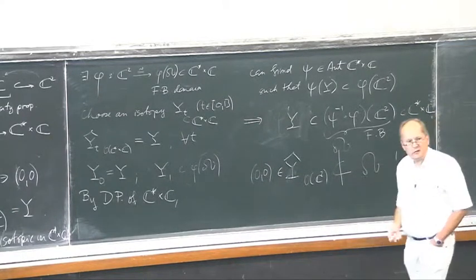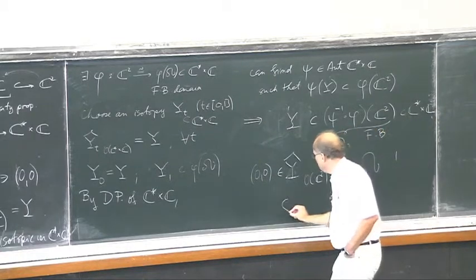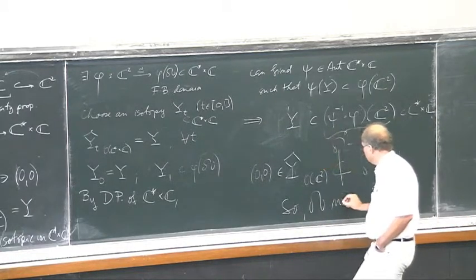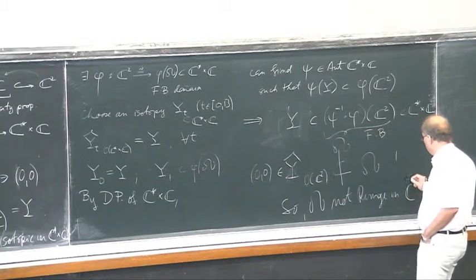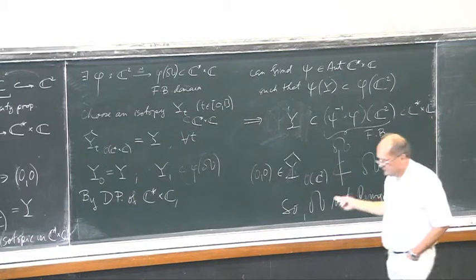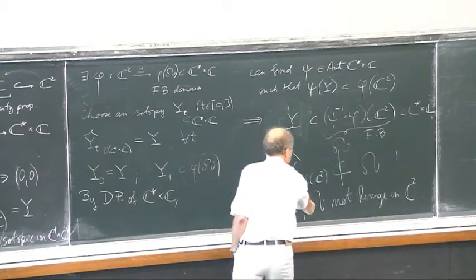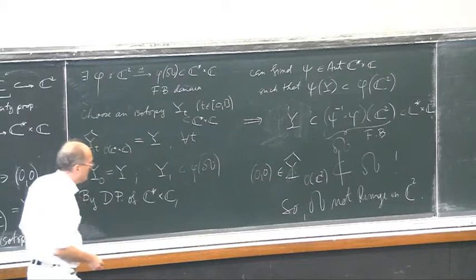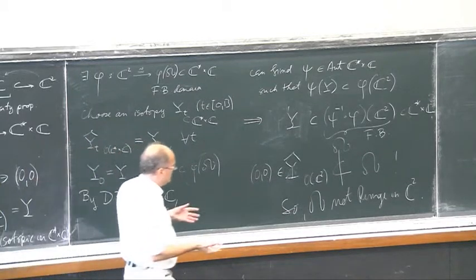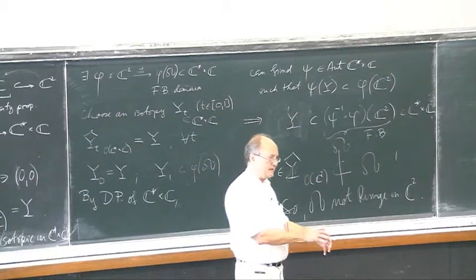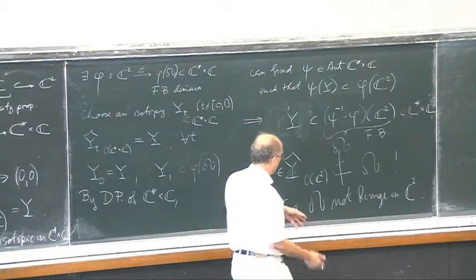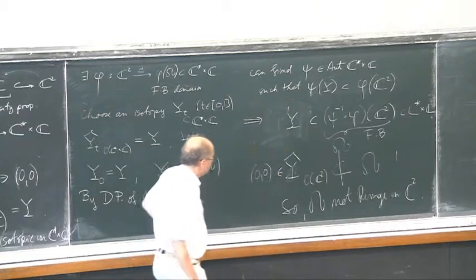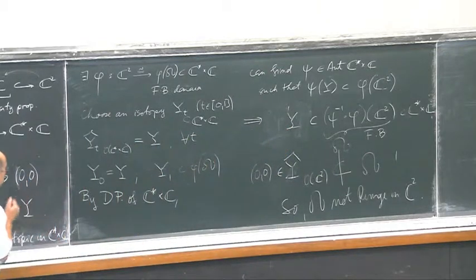But this means omega is not Runge in C2. Because omega of course is pseudo-convex, since it's anyway C2. Characterization of Runge domains is just that if you take any compact set in there, the hull, polynomial hull, has to also remain in it and be compact in it. This is not the case. Okay, so very simple idea. So that's for the first part.